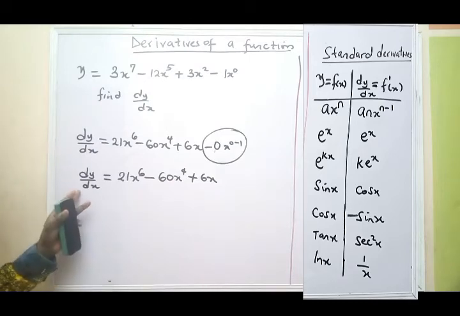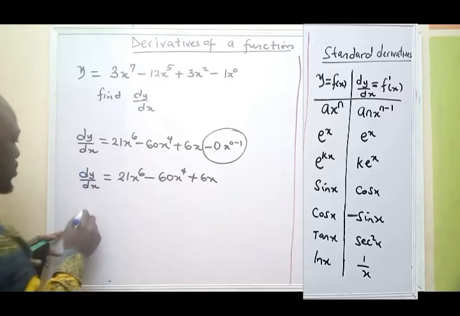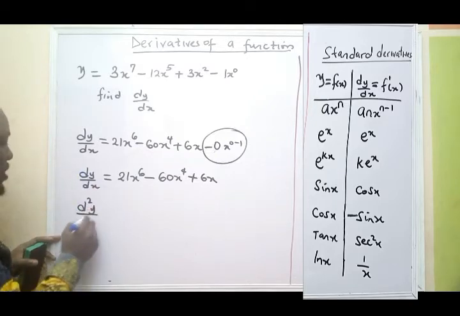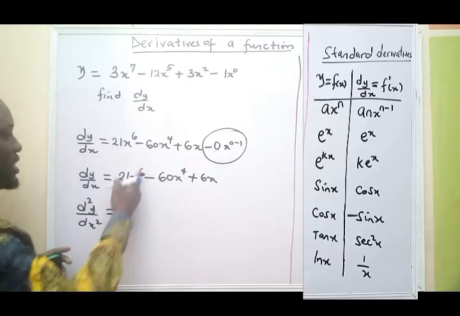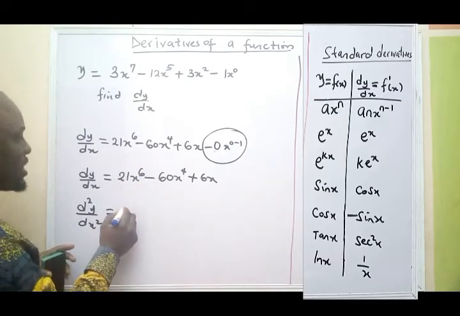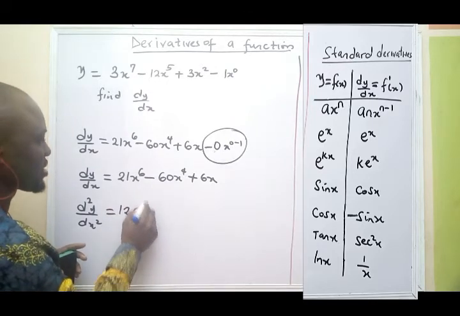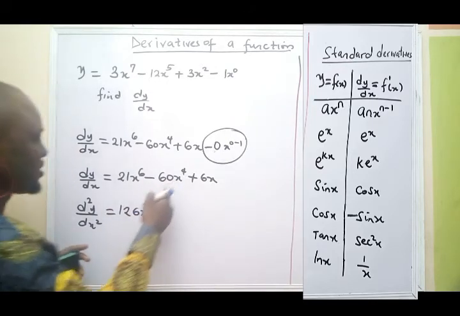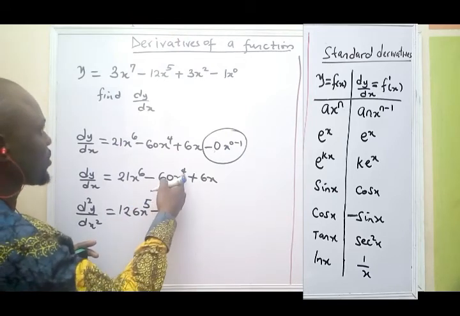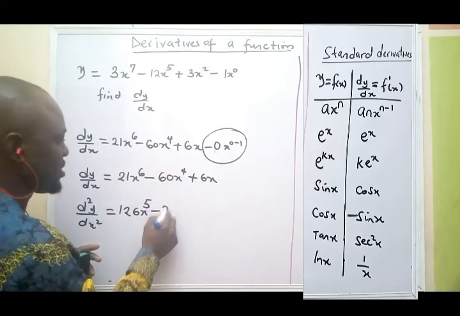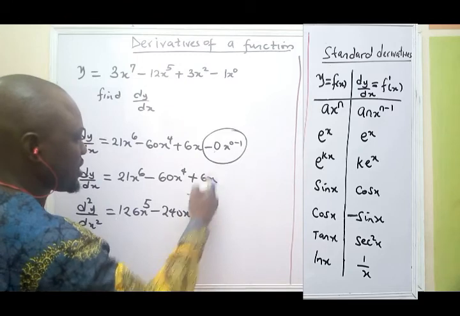Now I've gotten the first derivative. It means that I have to differentiate this a second time. So d²y/dx² equals, I'm going to multiply the same thing, this times this. This is 6 times 21, which is 126x squared, minus 240x cubed, then plus 6.